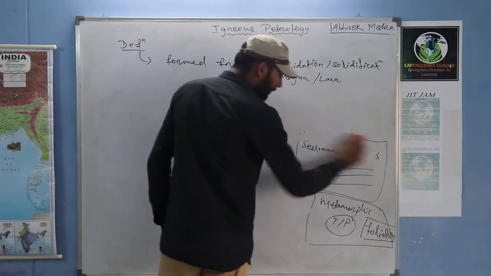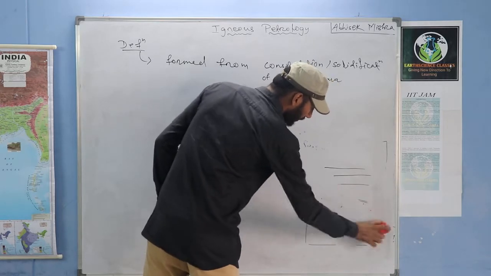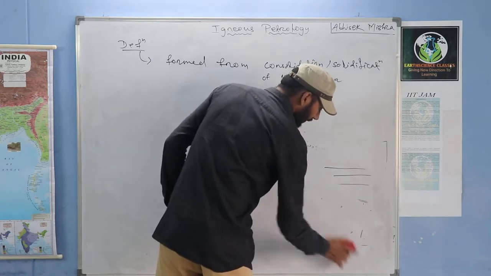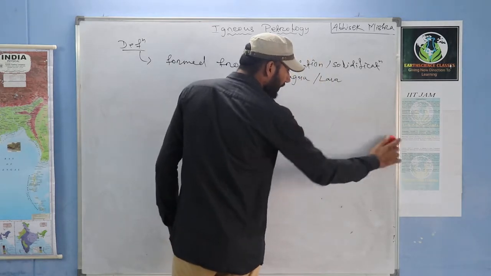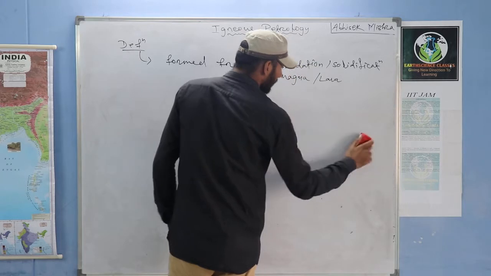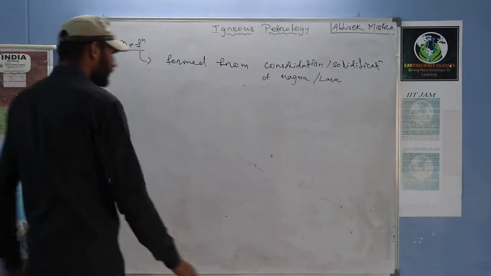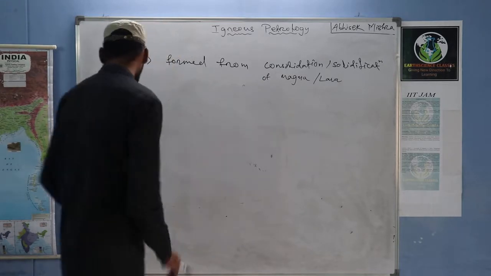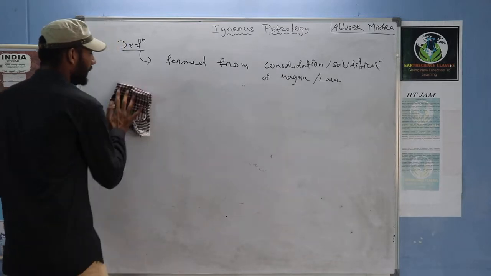If it is crystallizing from magma, we name it plutonic igneous rock, or if it is near the surface, we name it hypabyssal igneous rock. Then if it is occurring at the surface due to volcanic eruptions, we name it volcanic igneous rock, right?